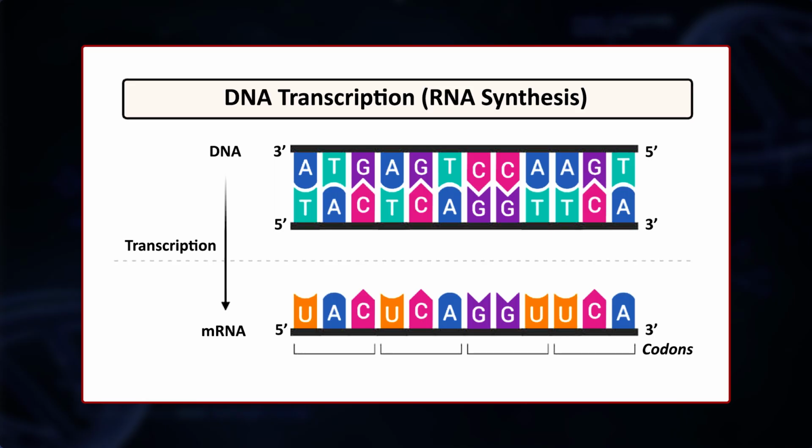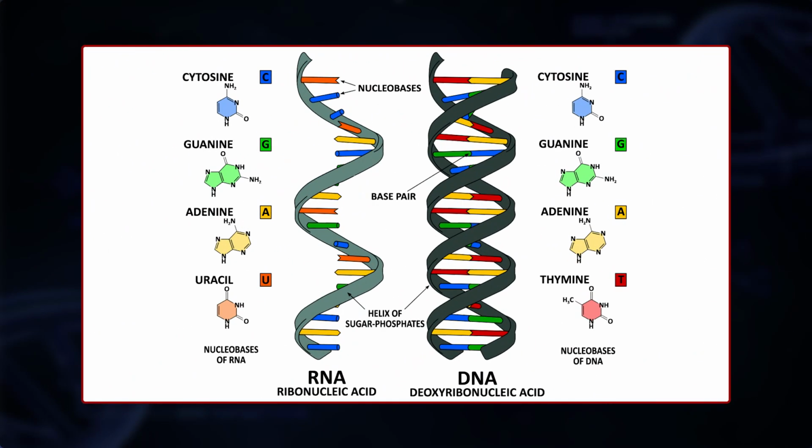A thymine is copied into adenine, and adenine into a uracil. RNA contains uracil in place of the thymine of DNA. Synthesis continues until a termination signal is reached at the end point, the RNA polymerase drops off the DNA, and the RNA molecule is released.